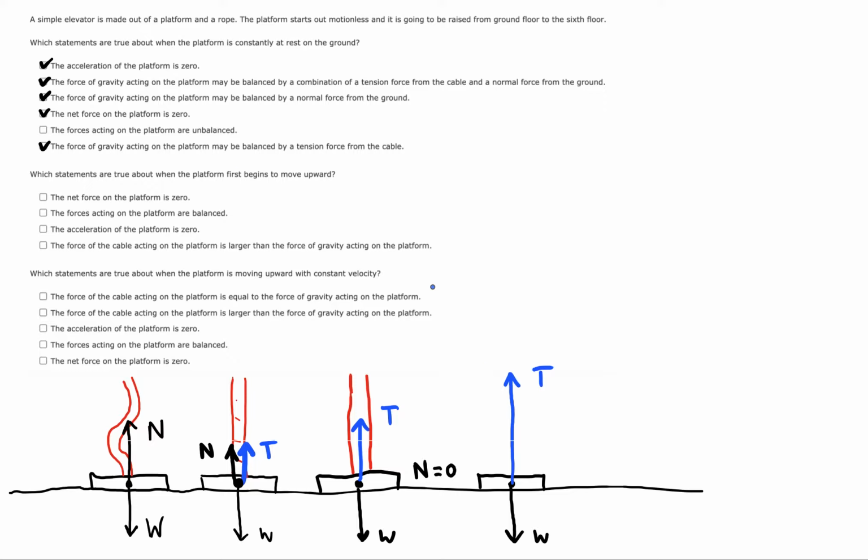So we need that tension force to be big, at least for a brief transient time, to get the platform moving. So now, according to Newton's first and second law, the forces would not be balanced. Tension force exceeds the weight, so the acceleration now is not equal to zero. We're going to have acceleration.